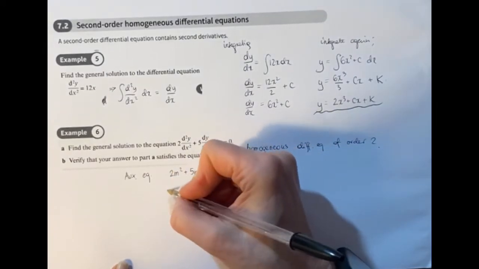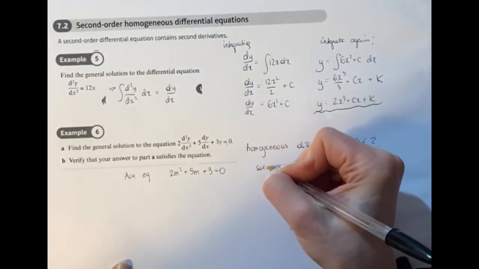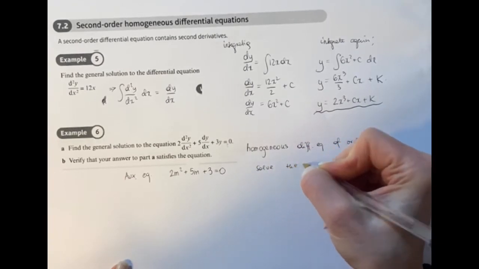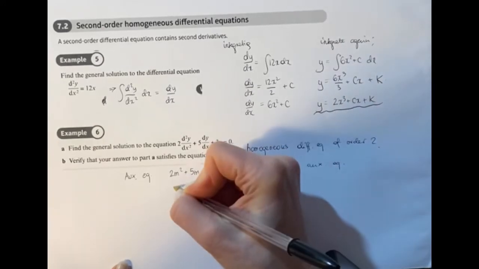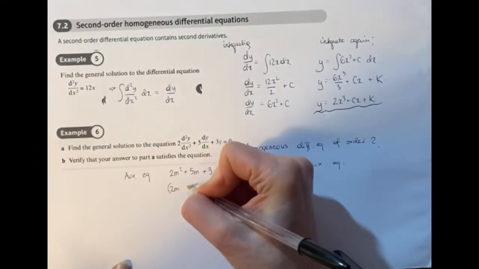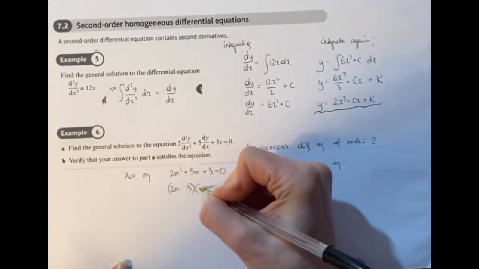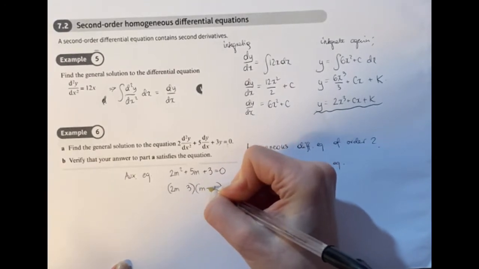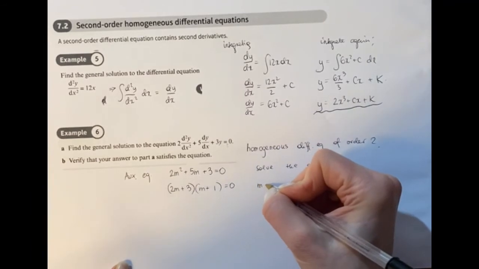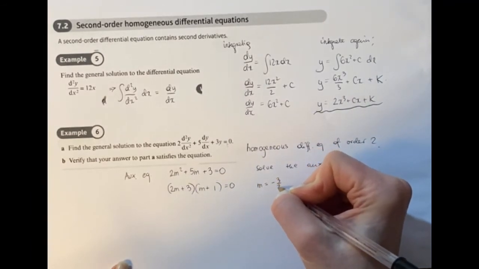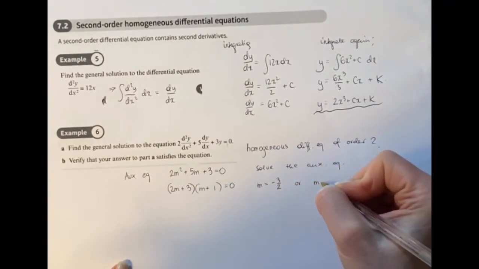Okay, and then we need to solve the auxiliary equation. So we're going to factorize it, and we're looking for the solution. So this one has a solution m is equal to minus 3 over 2, or m is equal to minus 1.